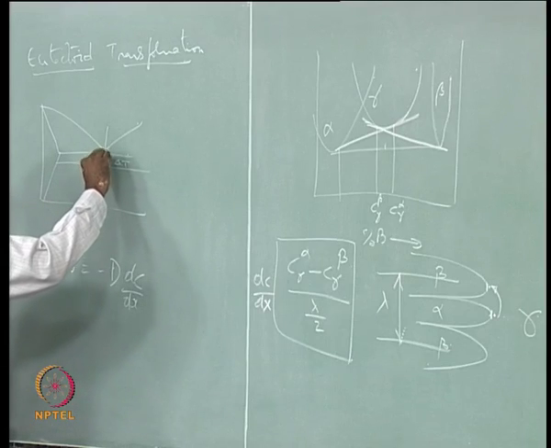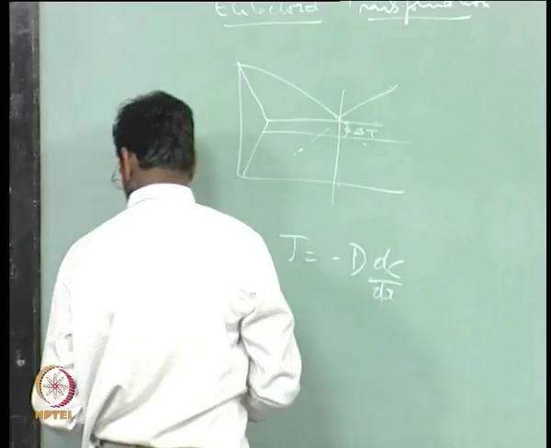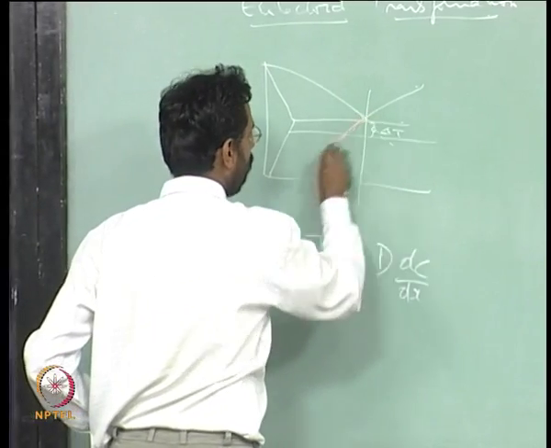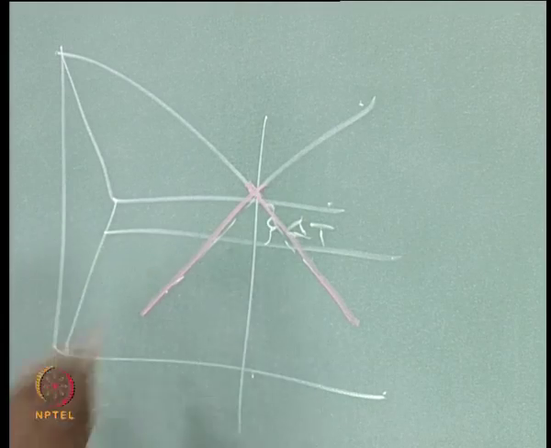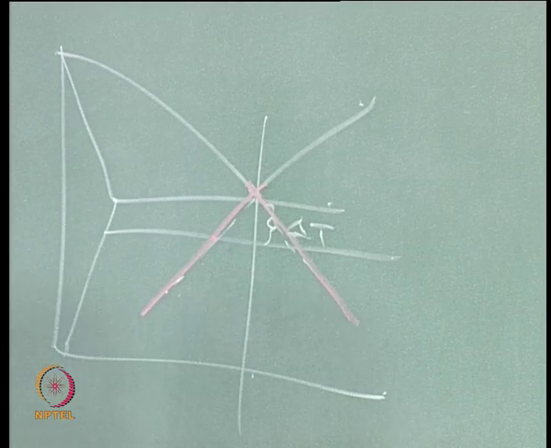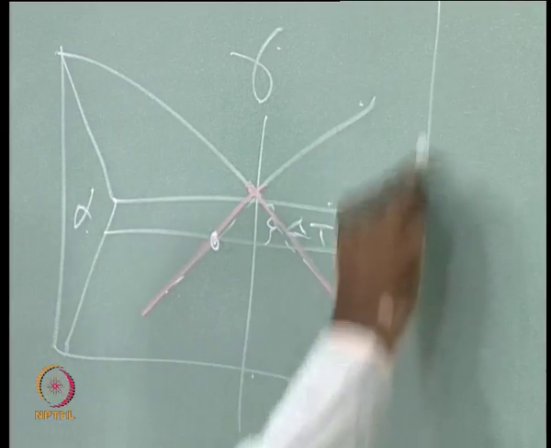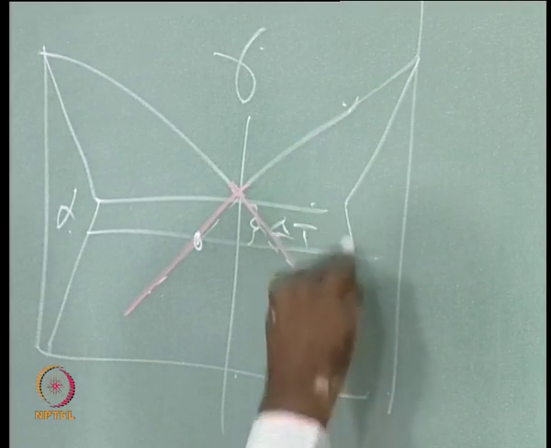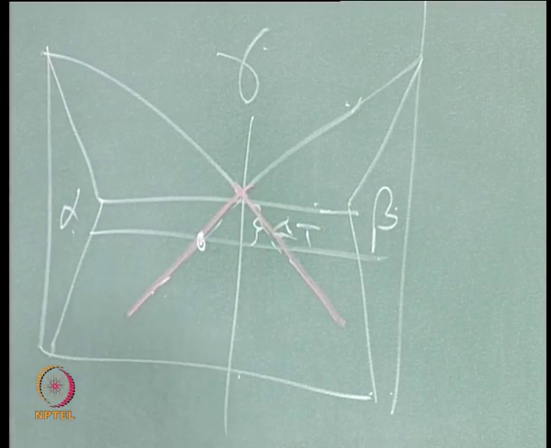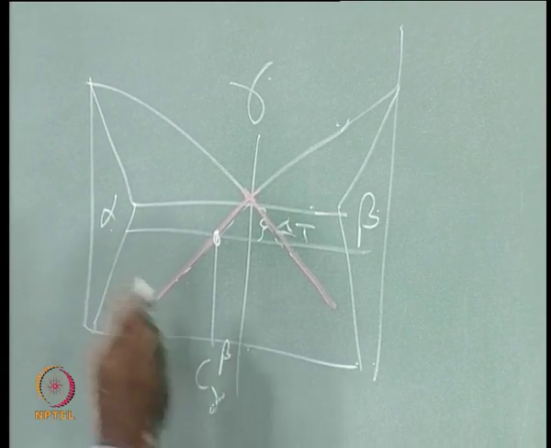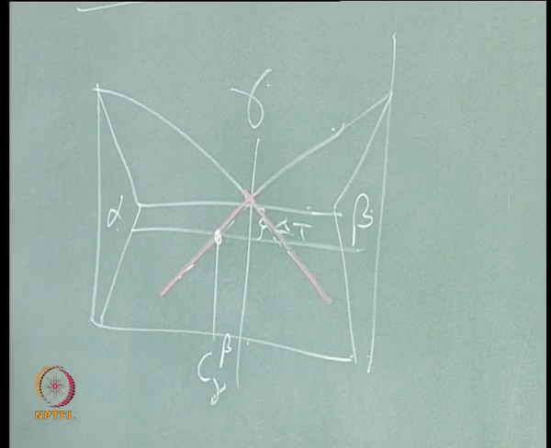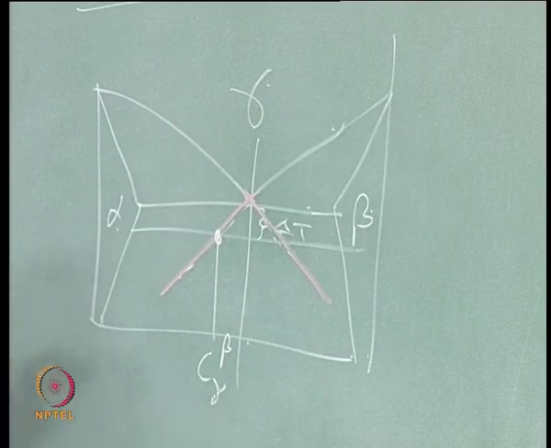I can see it easily if I extrapolate this. This is what? This composition. If I call this gamma, if I call this alpha, and if I have some beta here, let us say, yes, this is the composition of gamma in equilibrium with beta, because it is that solvus line or that transformation line, a gamma to beta transformation line, which is what I am extrapolating.